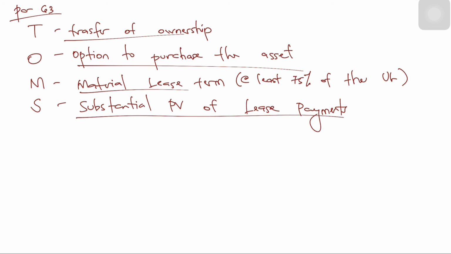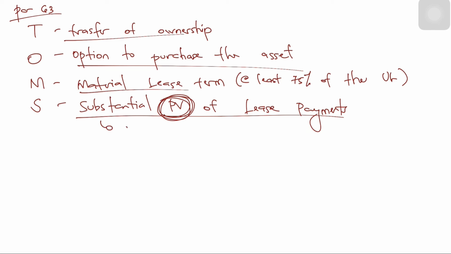Then, letter S will be the substantial present value. Once again, present value po. Substantial present value of lease payment. Meaning, if the present value of the lease payments amounts to substantially all of the fair value of the underlying asset at the inception of the lease, it will be classified as finance lease. Pero paano natin malalaman na substantial na yan?